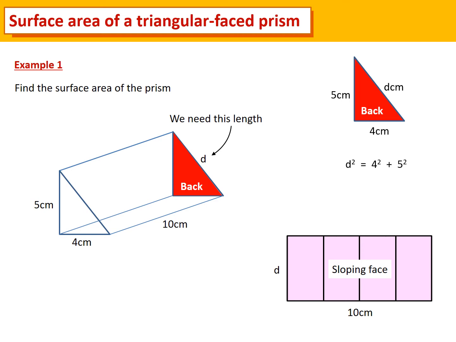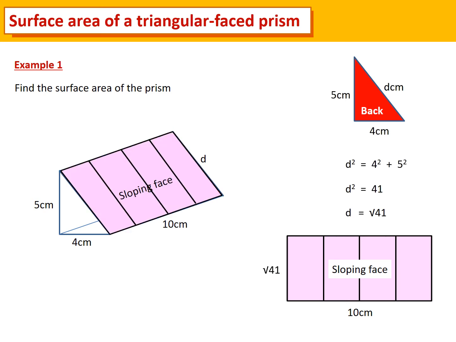D squared, which would be the hypotenuse, d squared equals 4 squared plus 5 squared. D squared equals 41, and we will square root that to give us a length of d equal to root 41 centimeters. We can put that into our dimensions, giving an area now of that sloping face of 10 times root 41.